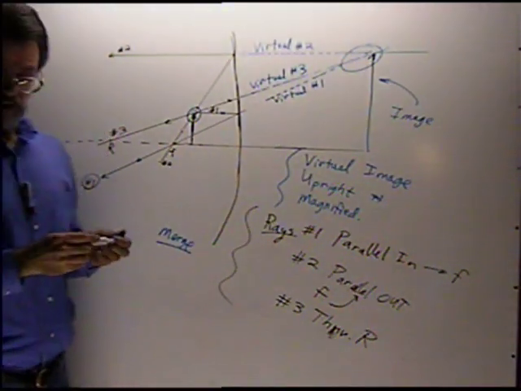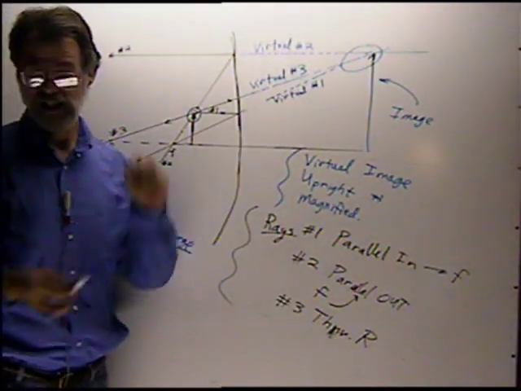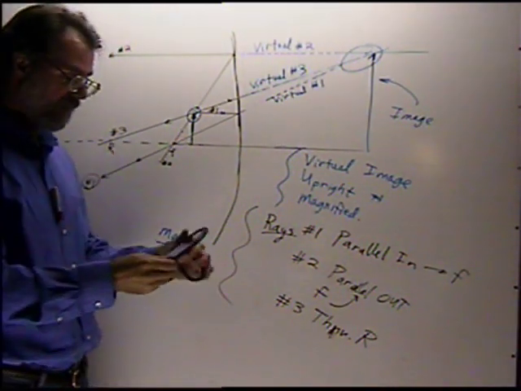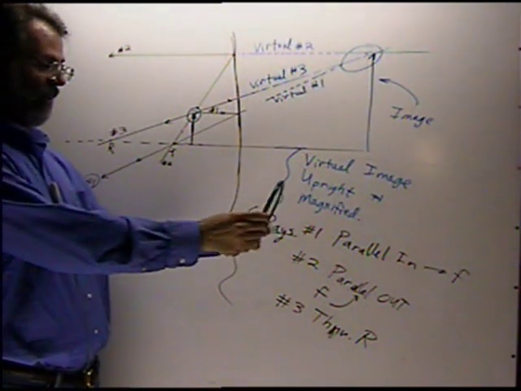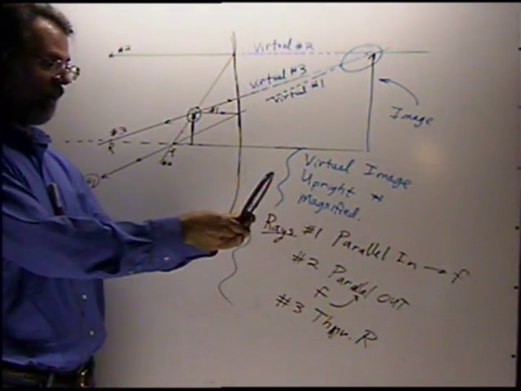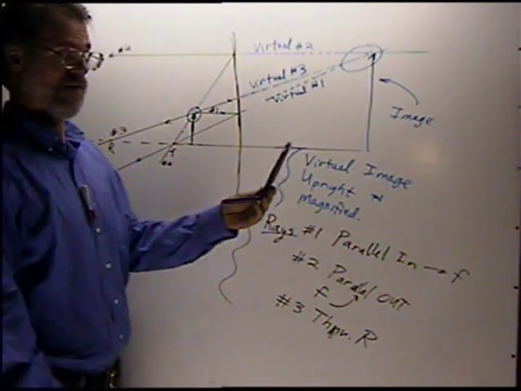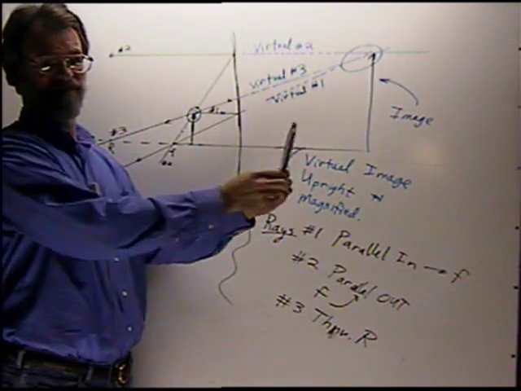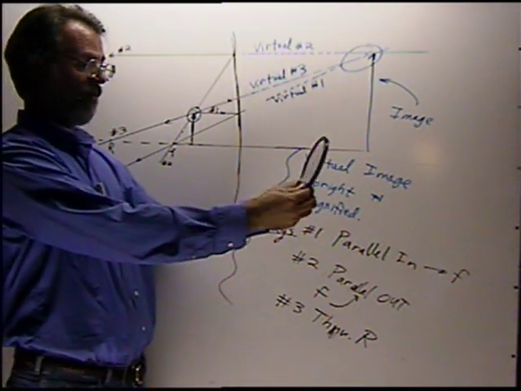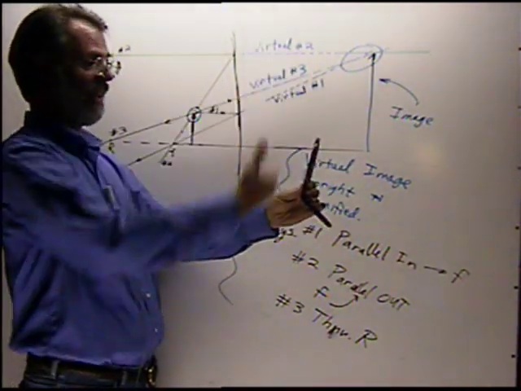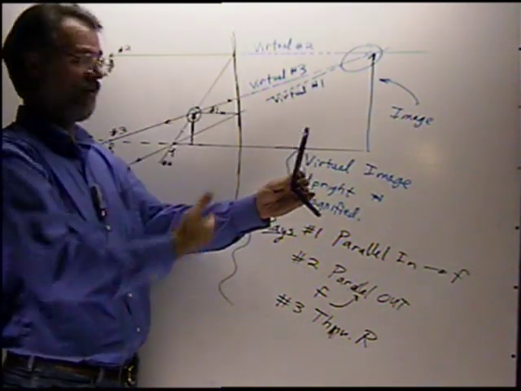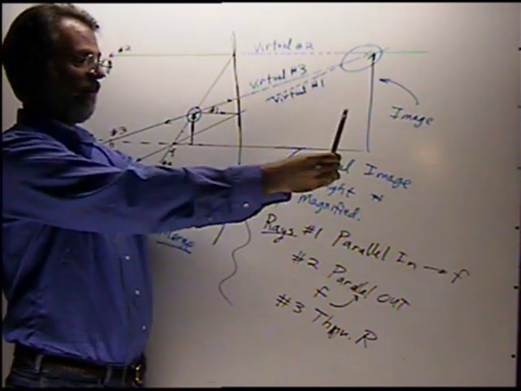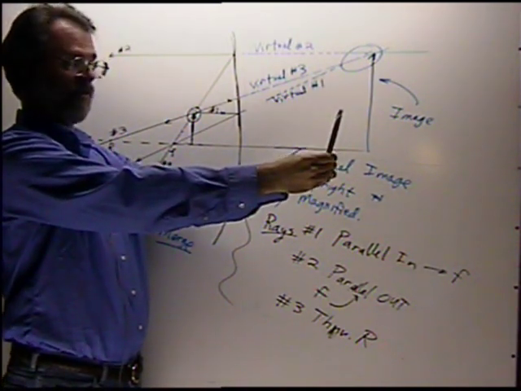Now, if you've played around with mirrors, you all know this effect very well. This is a mirror that used to belong to my wife, but I've confiscated it for physics. On the one side is simply a flat mirror, but if I flip it around, it has a slight curvature to it. If you look at yourself with the flat mirror, you just see yourself.